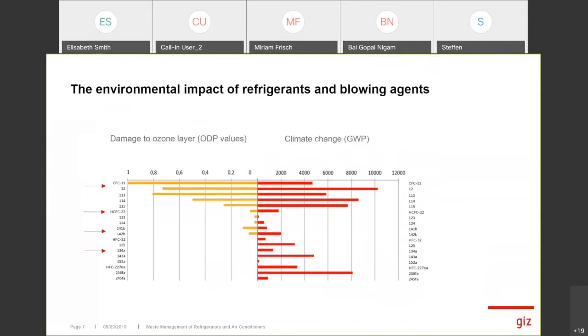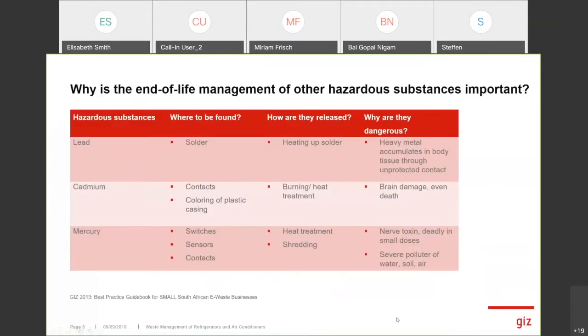So this chart shows really the critical values of these substances we find during end-of-life treatment of appliances in refrigeration and air conditioning. So the next slide, please.